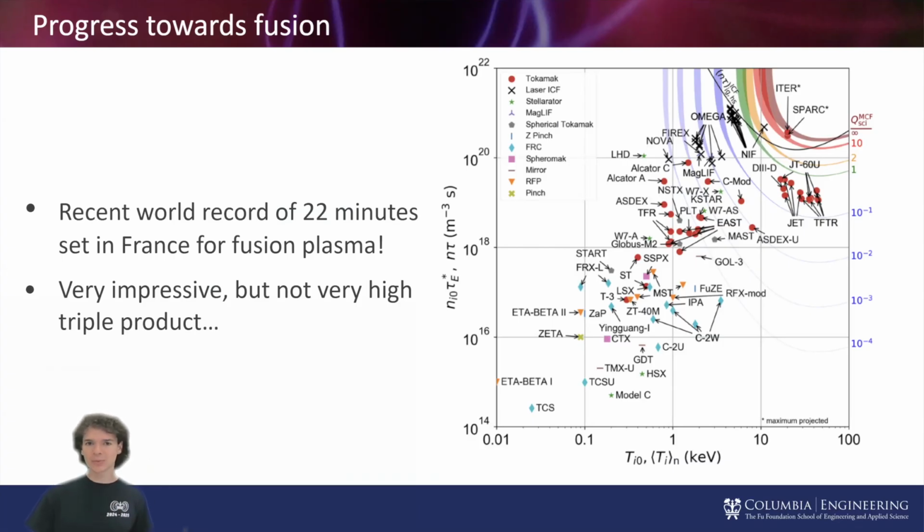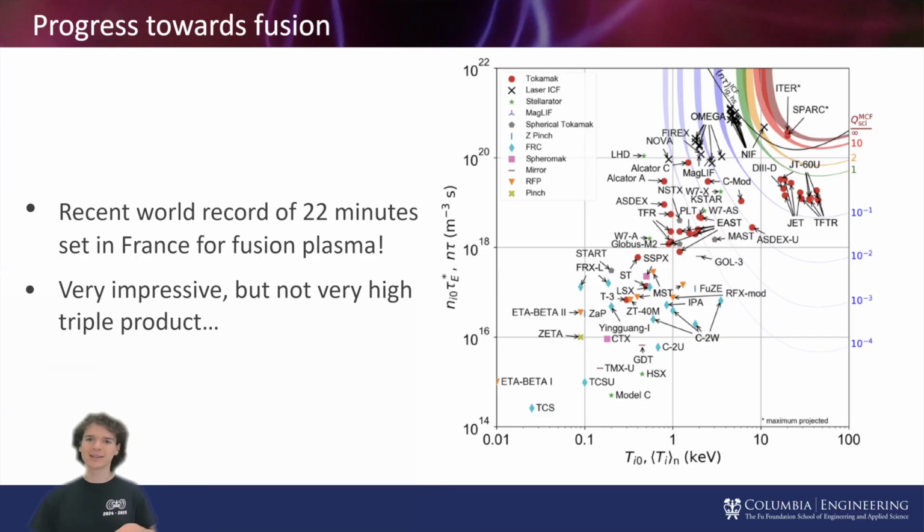If we're looking at triple product as our fusion power metric, which is I'd say the better fusion performance metric to look at, especially than simply time, because it takes into account temperature and density as well. First of all, that 22-minute plasma was not a very high triple product.